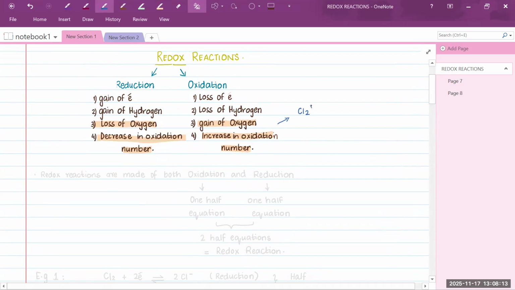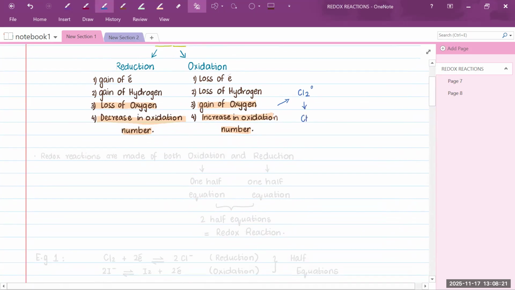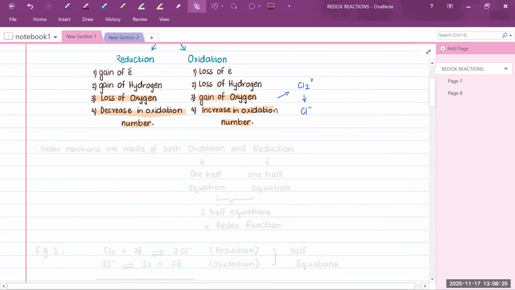Now its oxidation number is 0, right? We'll be doing this afterwards as well. And it is converted into chloride, which has a minus charge on it. So if it's going from 0 to -1, that's the decrease in oxidation number, so that is reduction.